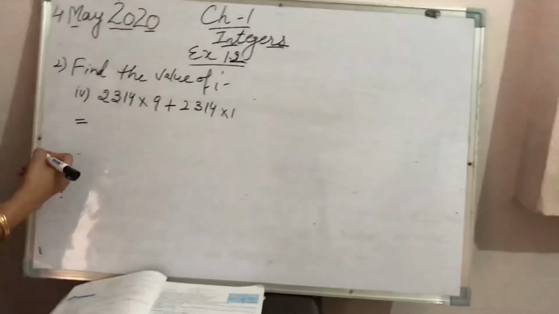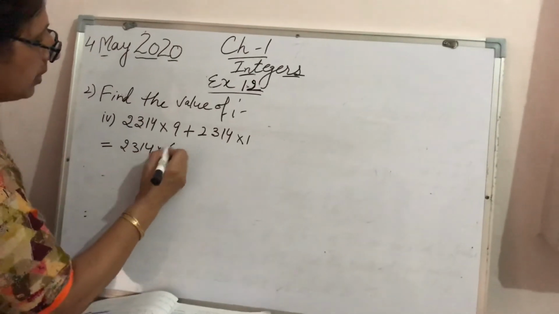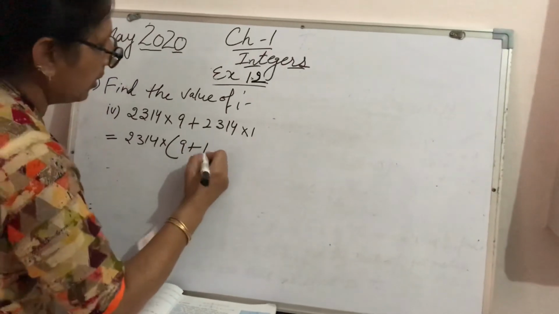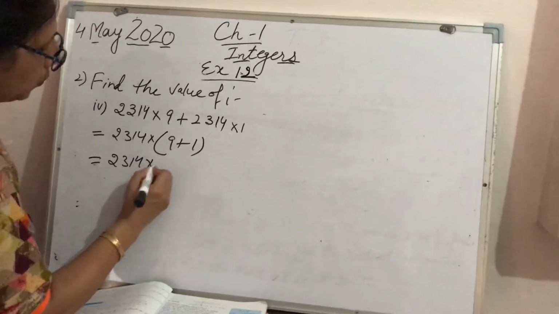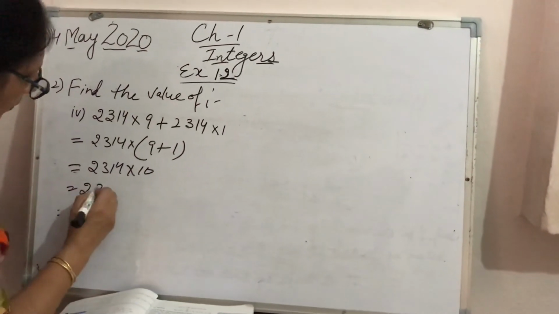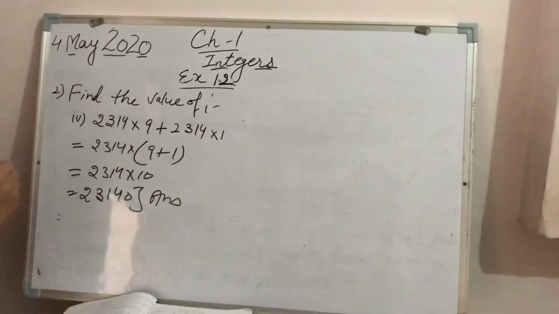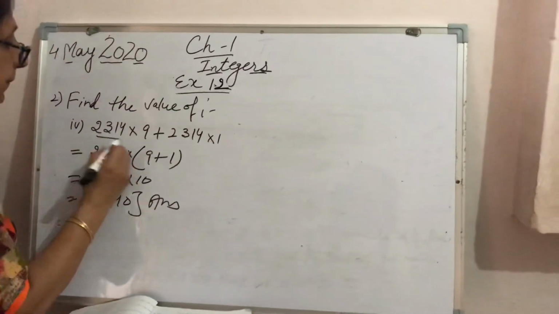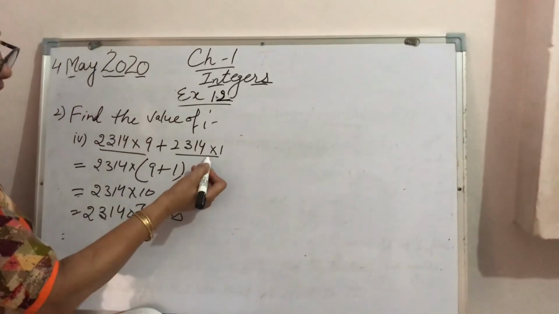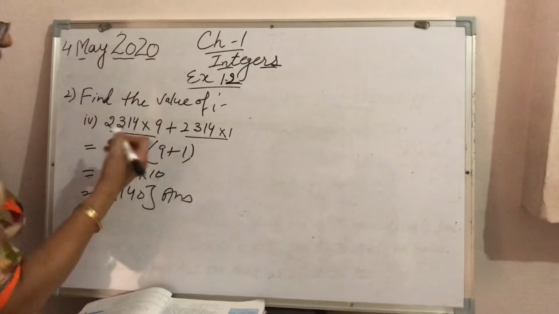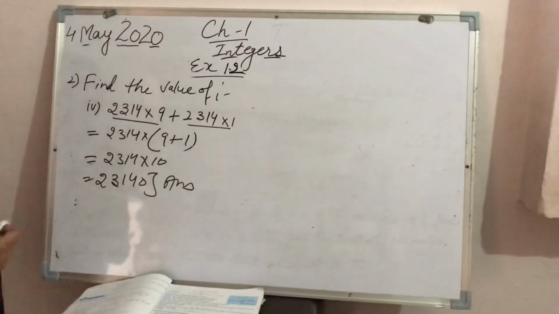So now same as the previous question, 2314 we can take common. 9 plus 1, this is left. Again 2314 into 10, 23140. This is the answer. So if the pair is incomplete, to complete the pair we can multiply by 1 to make it easier. So question number 2 is completed.